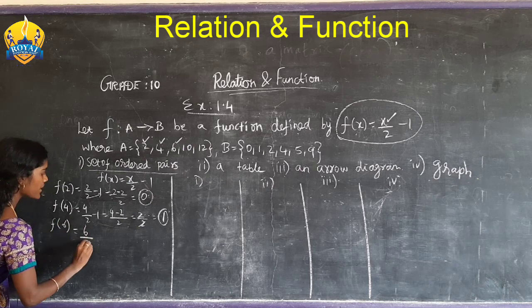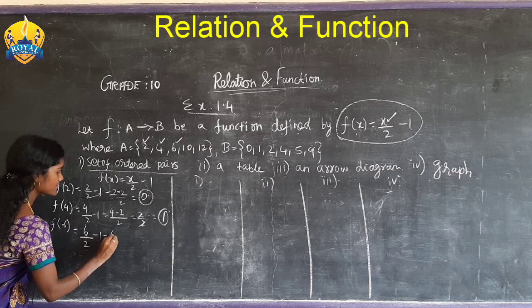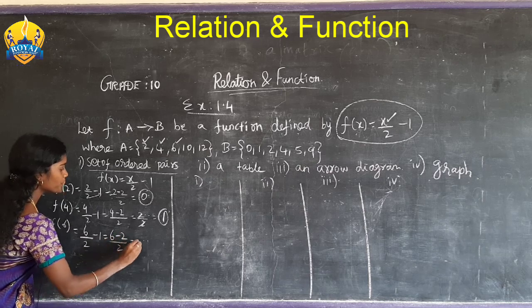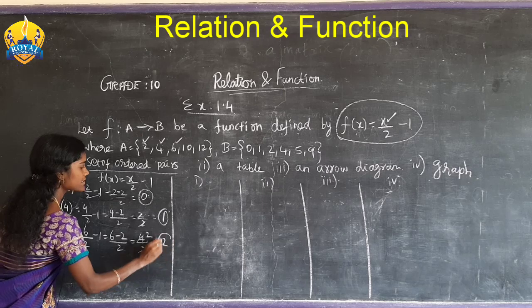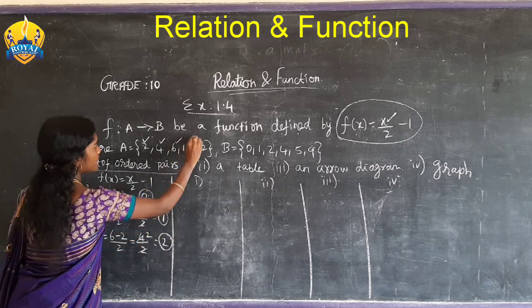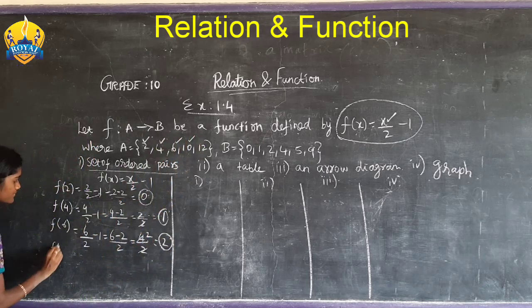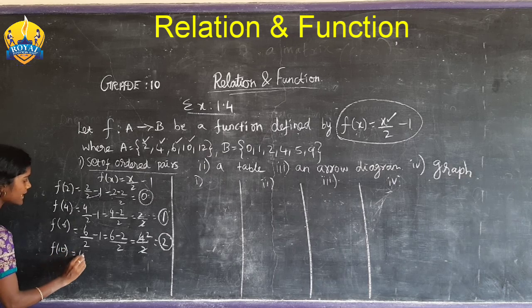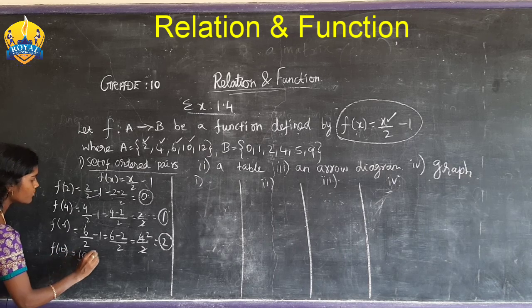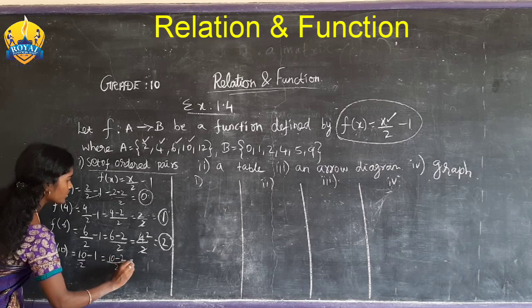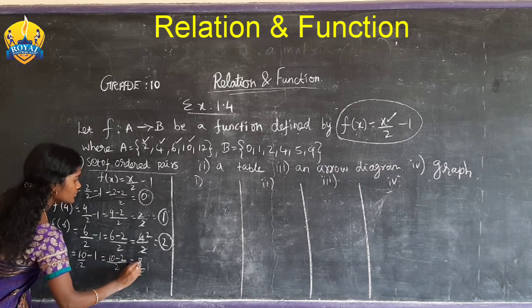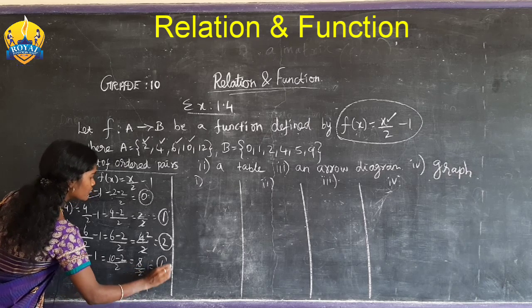Here 6 by 2 minus 1, that is 6 minus 2 by 2, 4 by 2, the answer is 2. Next, f of 10. 10 by 2 minus 1, 10 minus 2 divided by 2, that is 8 by 2, the answer is 4.